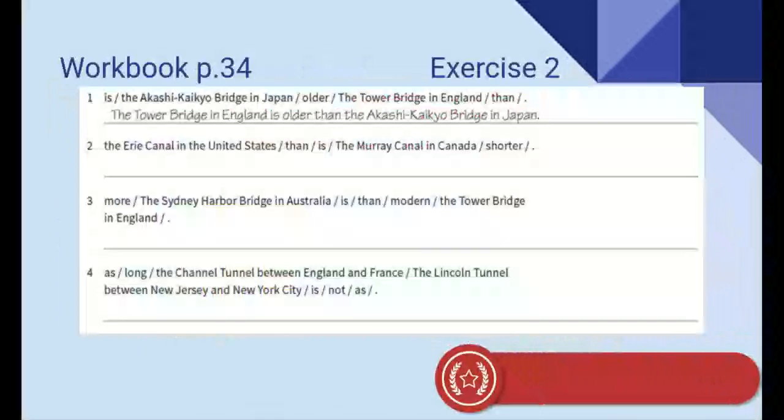So here we're going to start with the Tower Bridge in England is older than the Akashi Kaikyo Bridge in Japan. This would be our usual sentence. Now, please unscramble the other 3. Pause the video, please.